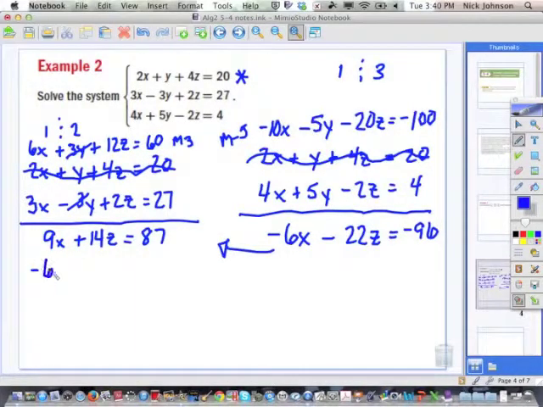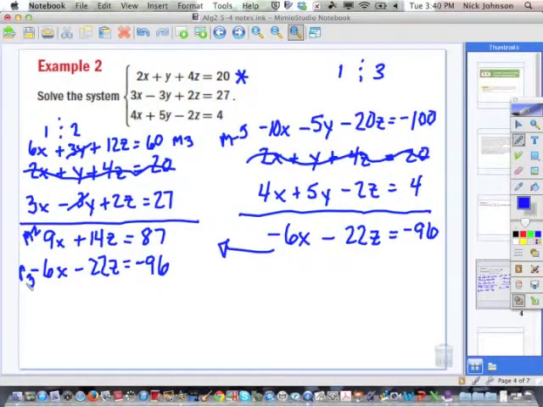Now, I'm going to put this over with this other equation. So a negative 6x minus 22z is equal to a negative 96. Now what I need to do is get rid of the x or z's, okay? And what I'm going to do is multiply this by 2, and I'm going to multiply this by 3, okay? If I multiply this by 2, that gives me 18x.